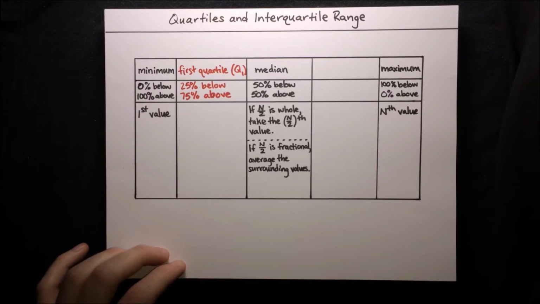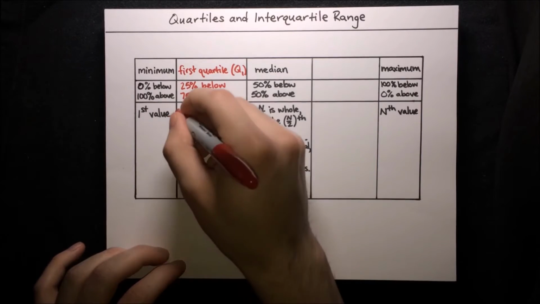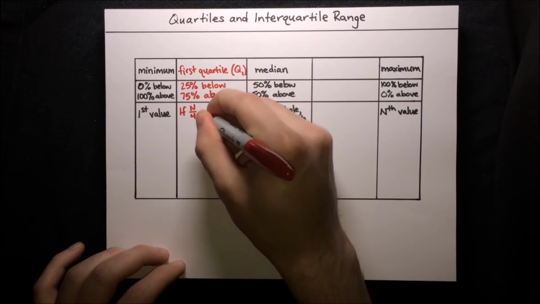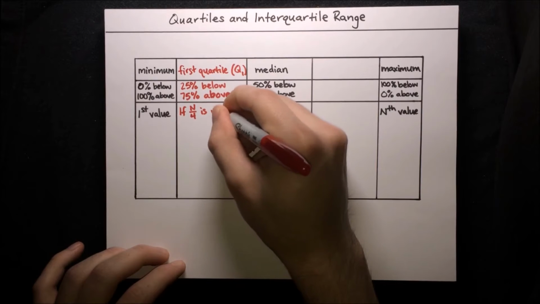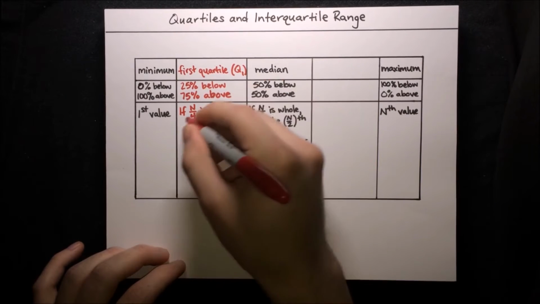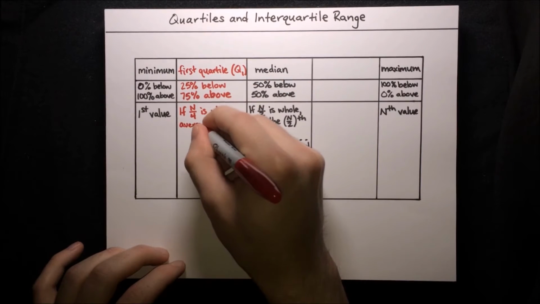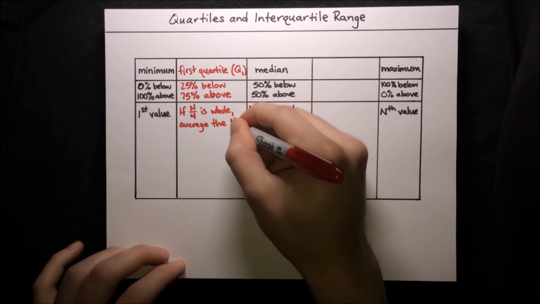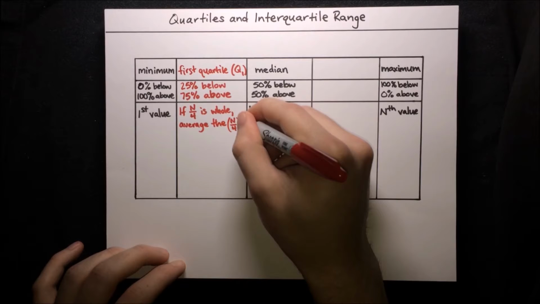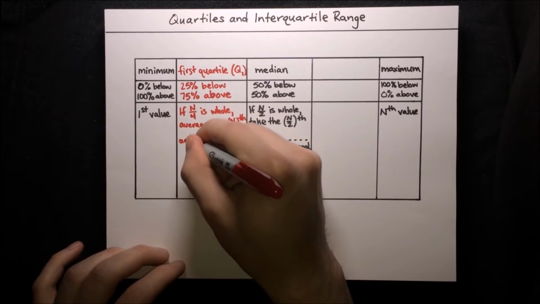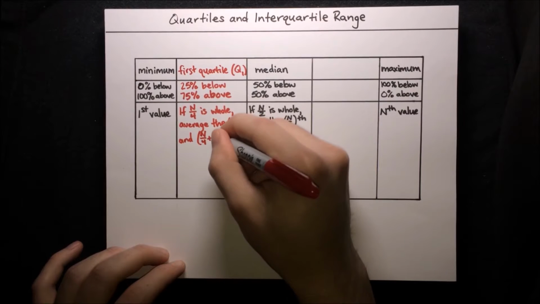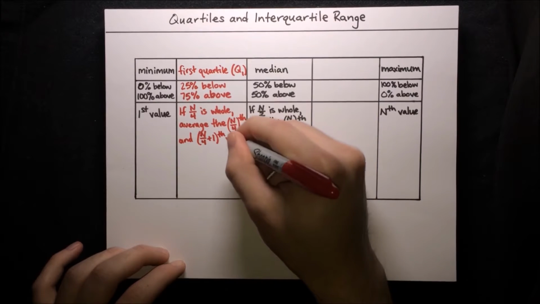And here's how we compute the first quartile. If n over 4 is whole, average the n over 4 and n over 4 plus 1 values.